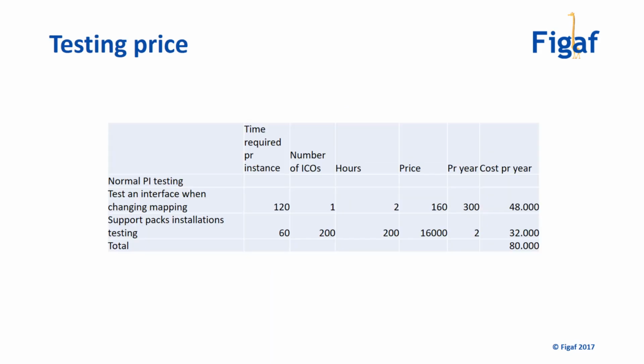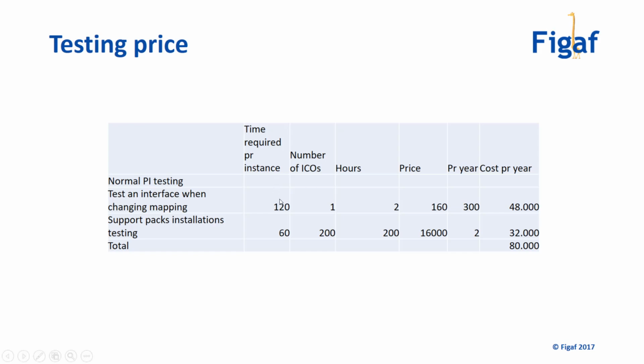Then when we're looking at normal testing in PI, what kind of costs do we have in that? The first thing we have is a test when we're changing a mapping. This would be either when we're creating a new one, or if we're just changing one of the existing mappings.